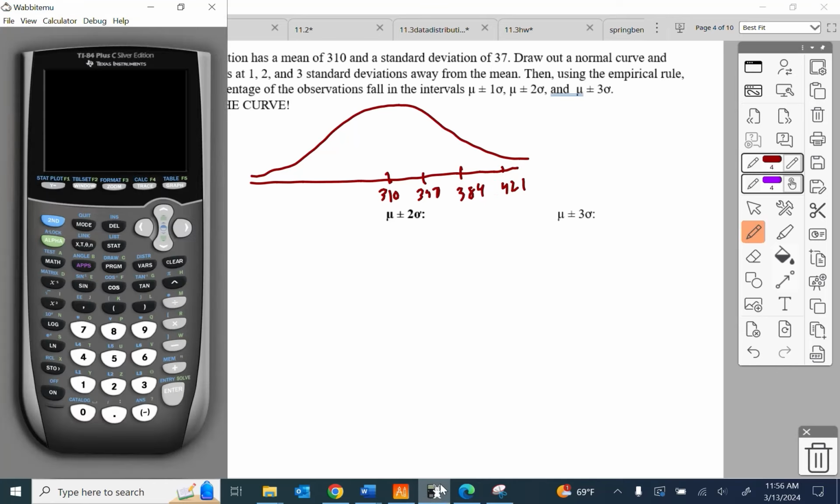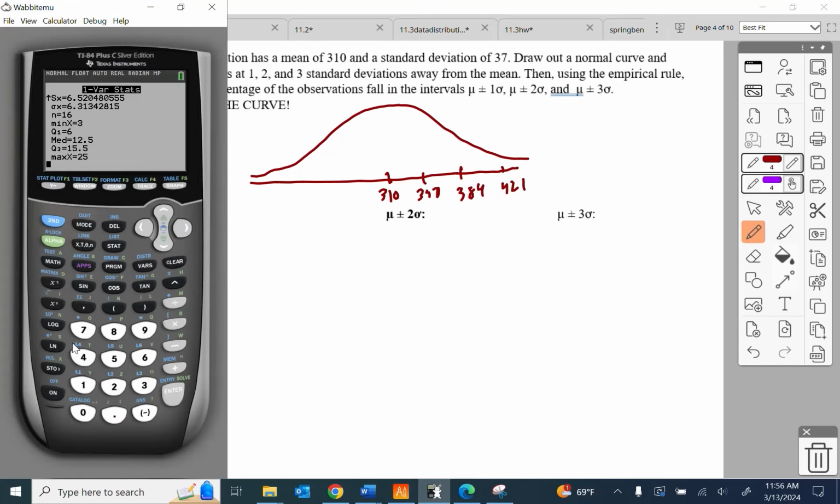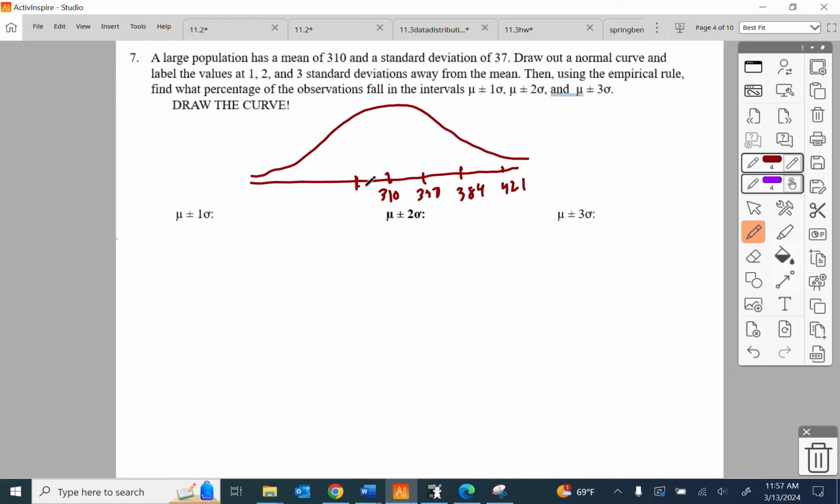Let's check me. 384 plus what? 37? Yeah, 421. If I take away 37, seems like that's going to be 273, not 273, 263.